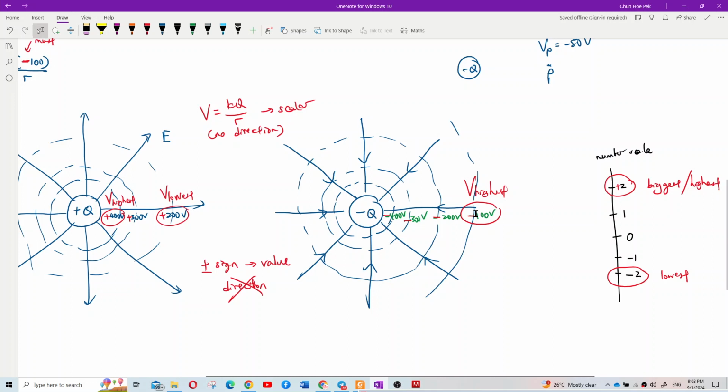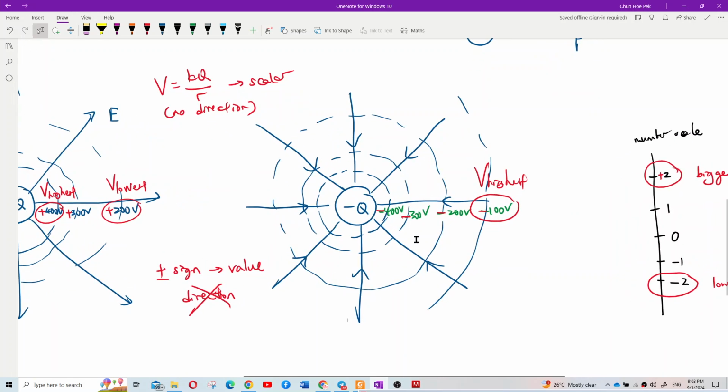Okay. Since negative 100 volt is the highest potential, so which one is the lowest potential? Negative 400. Yeah, why take so long? I want to sleep, you know. This is negative 400. So this one is lowest potential. Yeah, that's right. Negative 400.